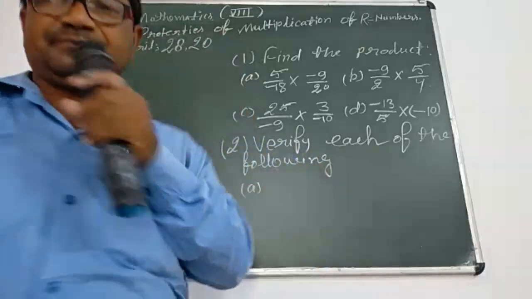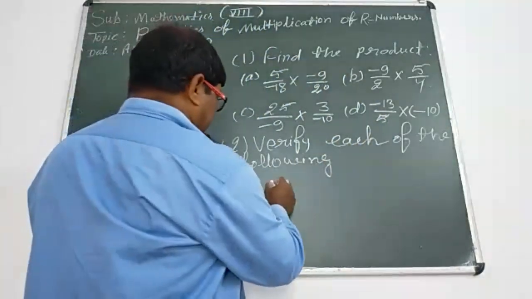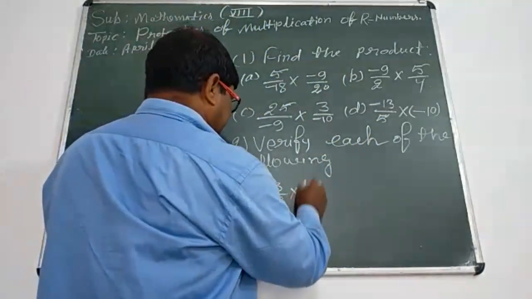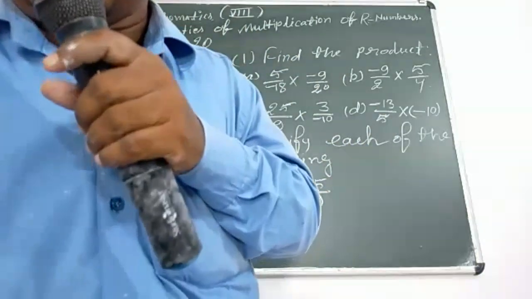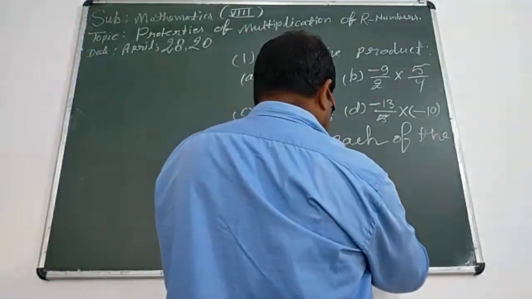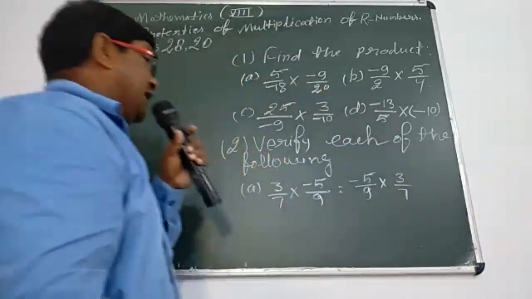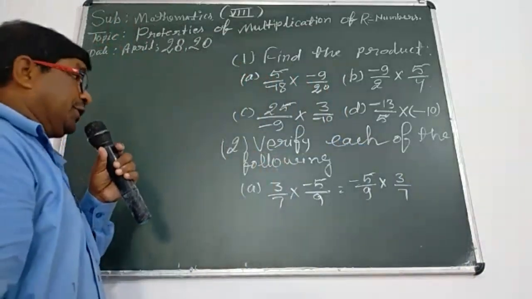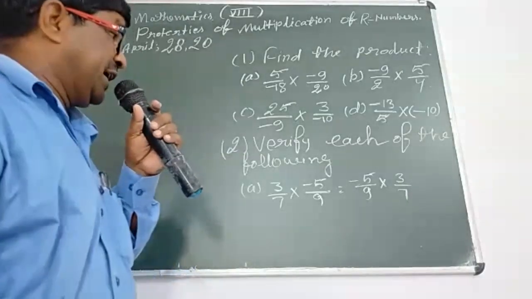Question number A: 3 upon 7 multiply minus 5 upon 9 equal to minus 5 upon 9 multiply 3 upon 7. How can you verify it? Do you know? You should take help from your previous property.